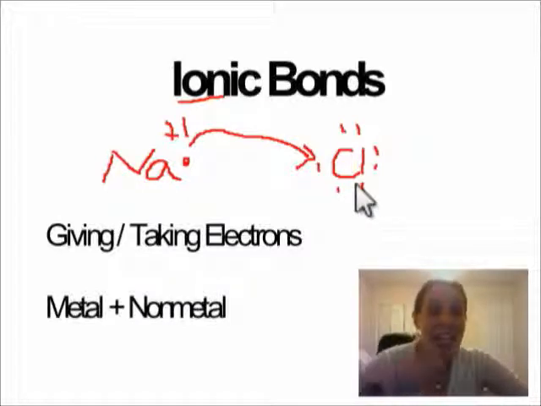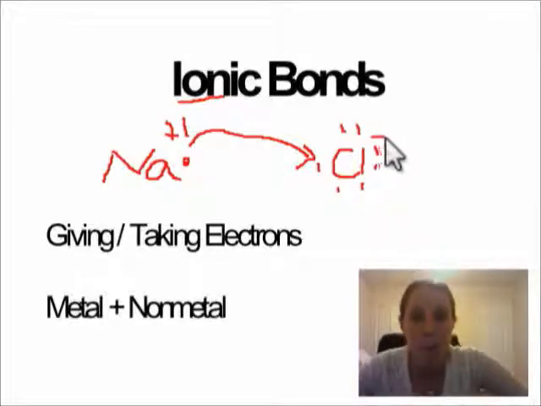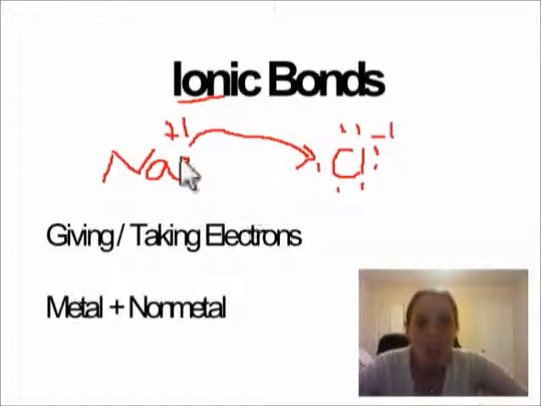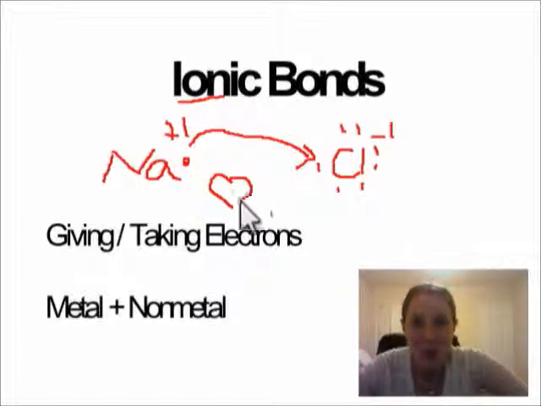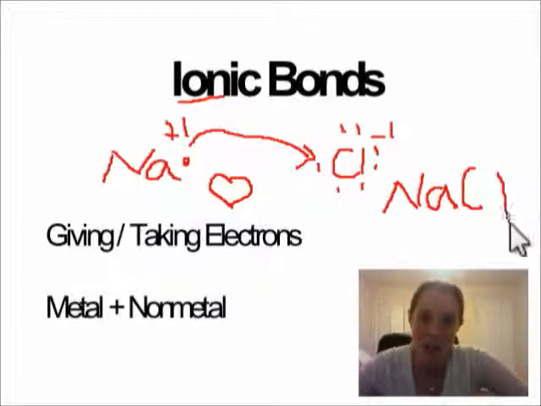Chlorine, which is gaining an extra electron, now has more electrons than it has protons, and so it becomes chlorine minus 1. Now these two charged ions are going to be attracted to one another because positives and negatives attract, opposites attract. And so sodium and chlorine are going to want to hang out with one another in an ionic bond, forming a common substance that you probably consume every day in the food you eat, which is NaCl, sodium chloride or table salt.